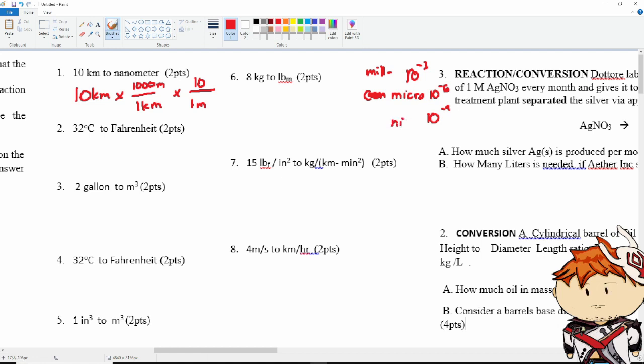So 1 meter is 10 to the 9 nanometers. Your 10 kilometers could be 10 times 10 to the 12 nanometers.